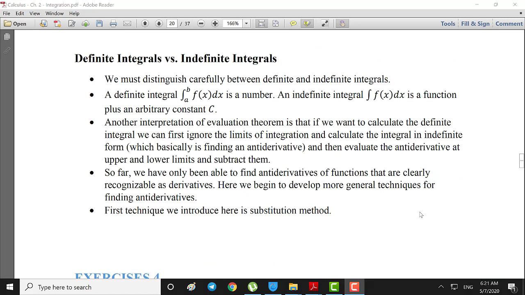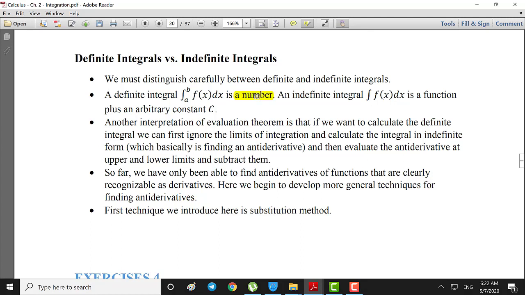Guys, now we are trying to review what we've learned so far, and we want to distinguish the differences between the definite integrals and the indefinite integrals. The one very important point that you have to keep in mind is that a definite integral, which is the integration from a to b of f of x dx, the result of this integral is a number, right?